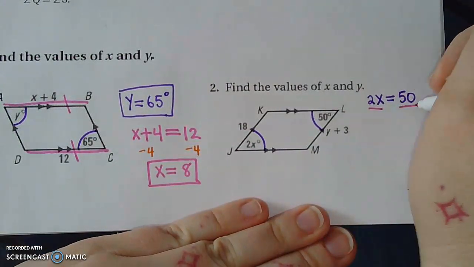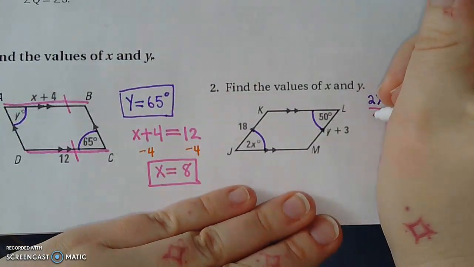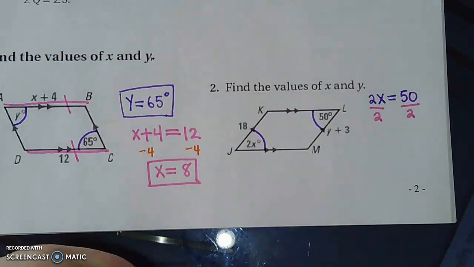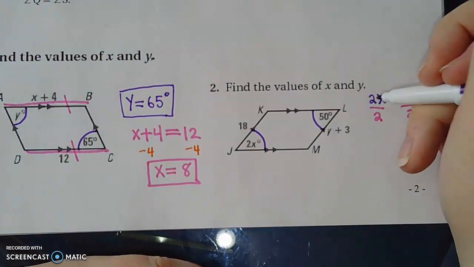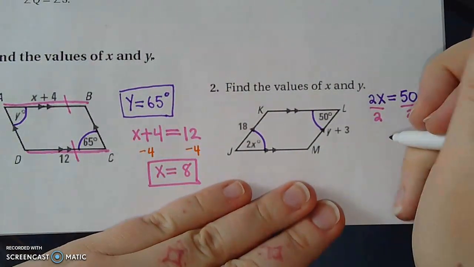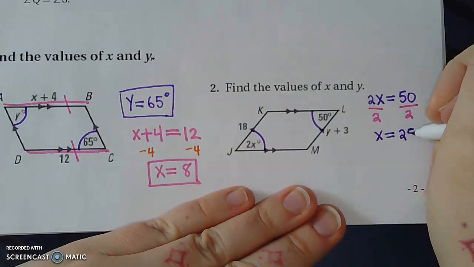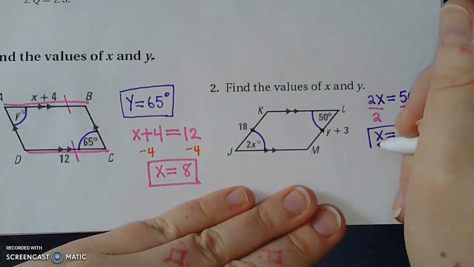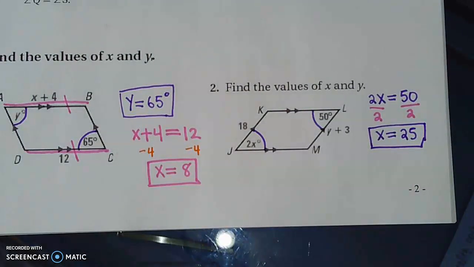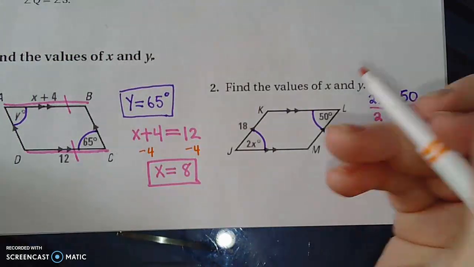I'm just going to divide both sides by 2, and I will be left with just an x, and 50 divided by 2 gives me 25. So x is 25.